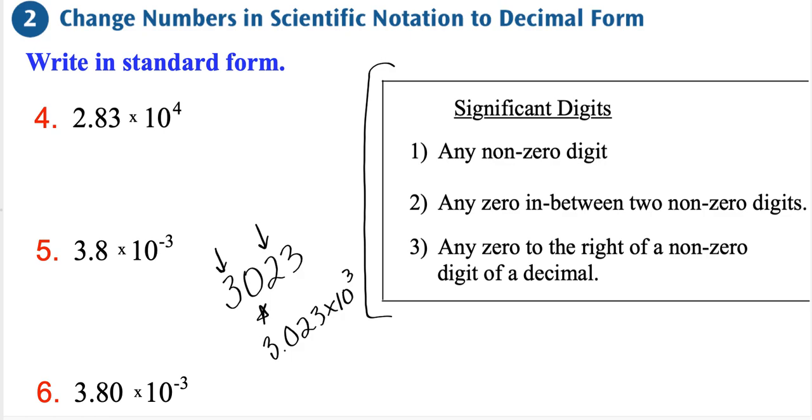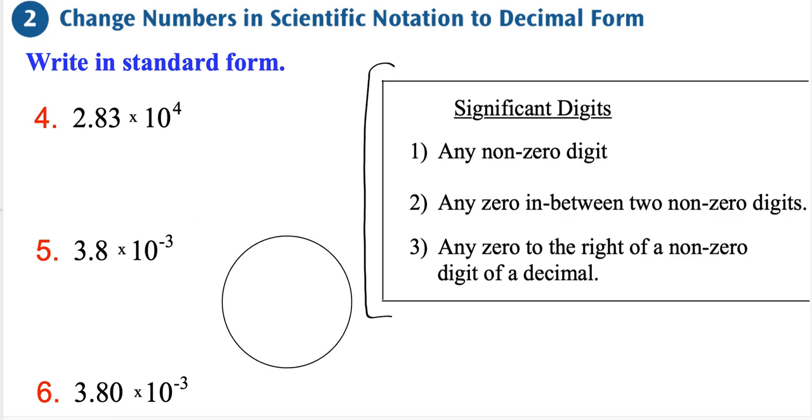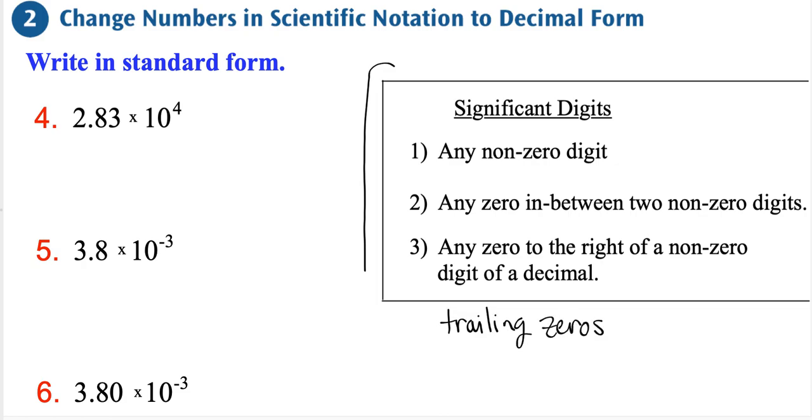But if you have something like number 6, then you kind of have to worry about it a little bit, okay? So that brings into rule number 3. Any 0 to the right of a non-zero digit of a decimal, all right? So I call these things trailing zeros. And the trailing zeros are always right of a decimal, okay?